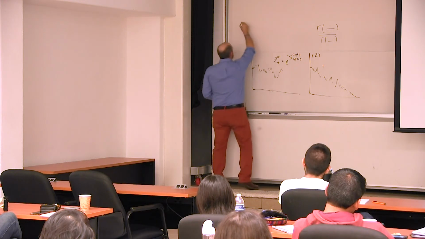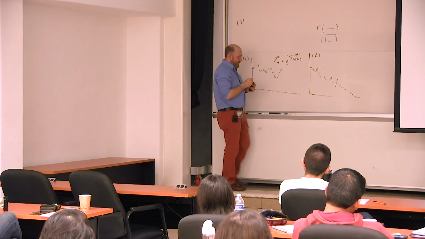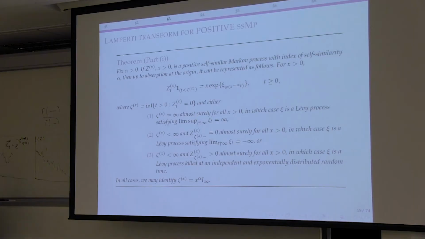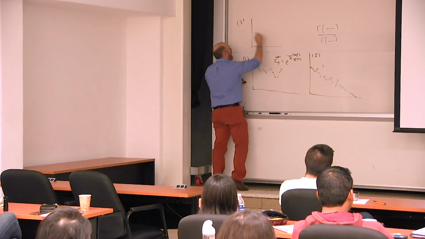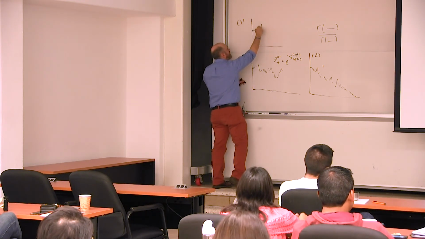And the third example is the case where, in these two we've had no killing on the Levy process. So the third example, just put killing on. So this corresponds to when psi has killing. And then what happens, so I don't care about the drift of the Levy process. What happens is z moves around.